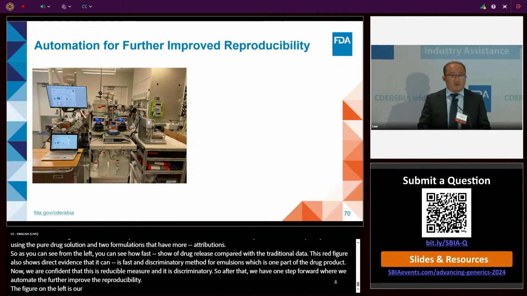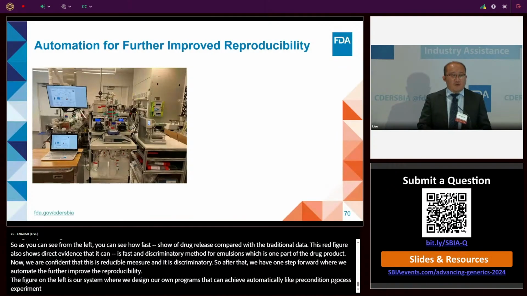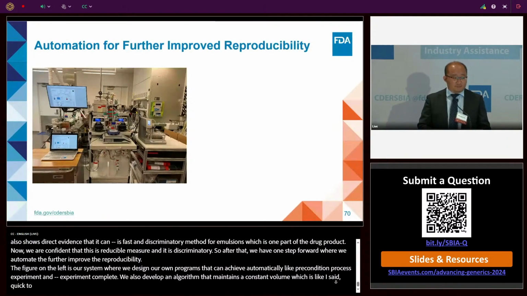Where we design our own programs that can automatically achieve the preconditioning process, run the experiment, and watch the system when the experiment completes. And we also develop an algorithm that can automatically maintain a constant volume in the retentive reservoir, which is, like I said, very critical to calculate the drug removal rate during the experiment.